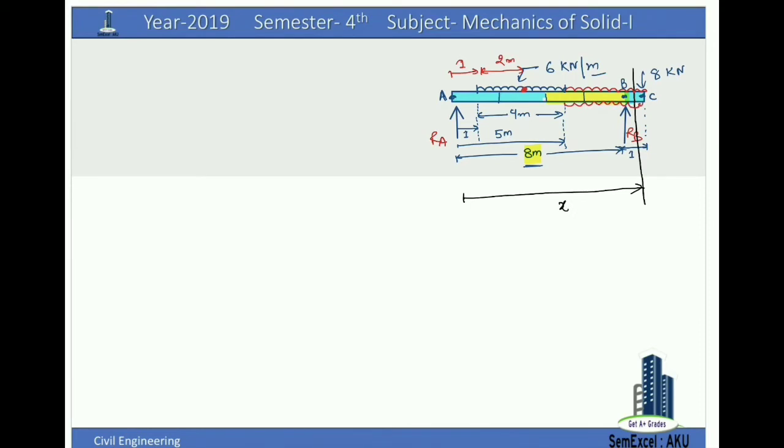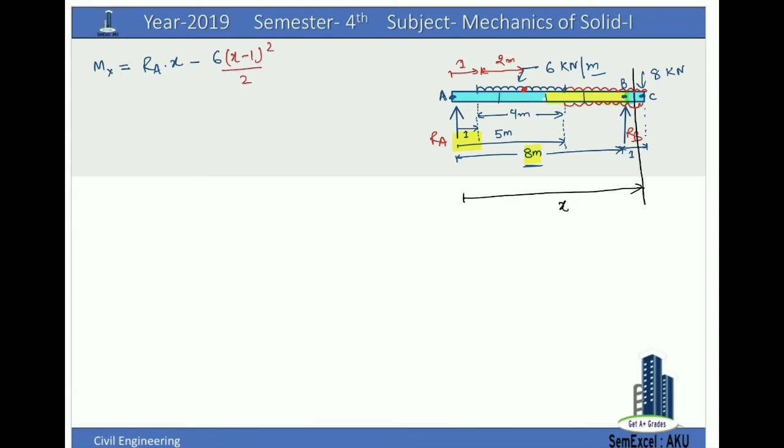Now the moment at distance X can be written as, please note, RA into X minus the moment due to the downward UDL. It will be equal to WL squared by 2. W is given as 6. Length is X minus this distance, X minus 1, squared by 2.